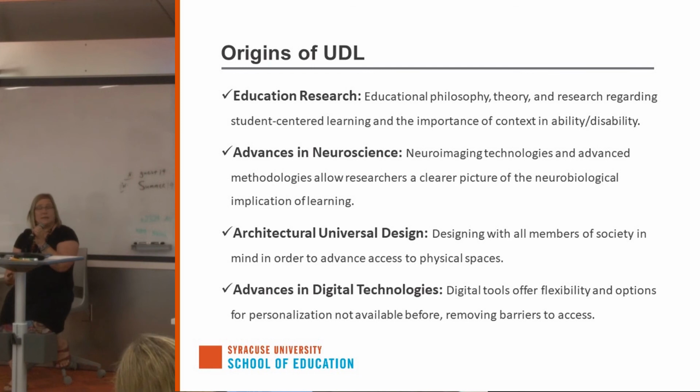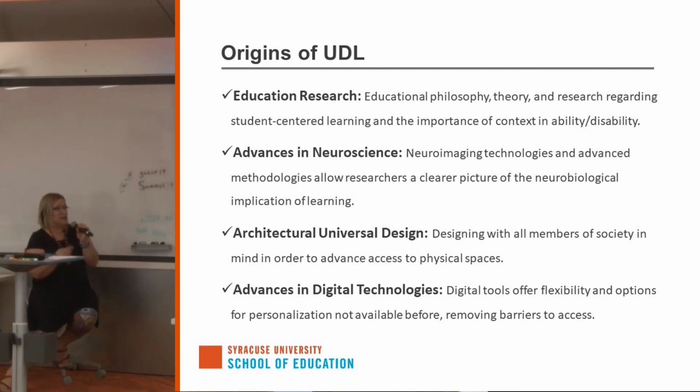Also, neuroscience developed more and more as a field with neuroimaging techniques, where they would put little things on somebody's brain and let them do certain activities, and then they would see one side of the brain is activated when you do this, another side when you do that. And just learning that people learn in different ways, and that people need different ways to interact with their academic work.